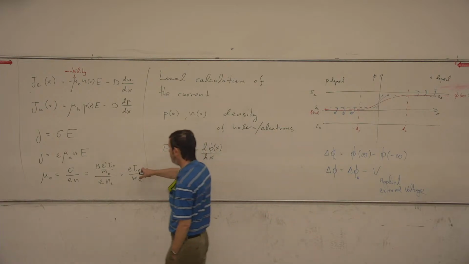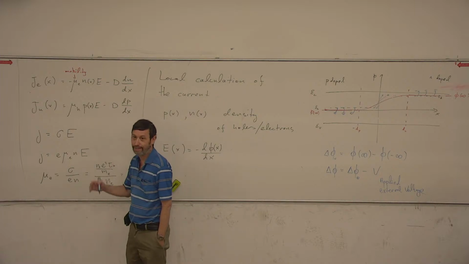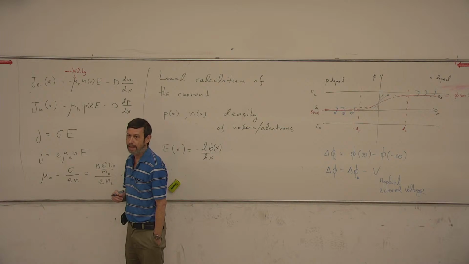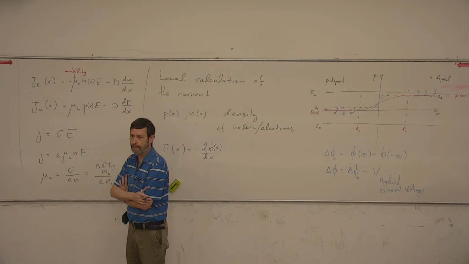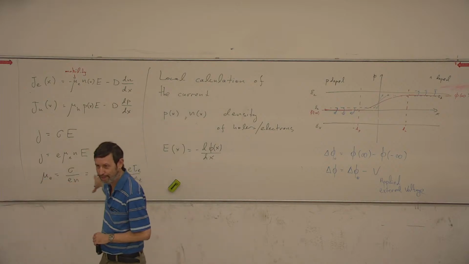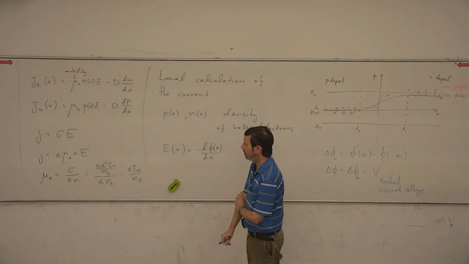It's the conductance divided more or less by the density of electrons. So it's one conductance per electron. Not a good description, but this is it.